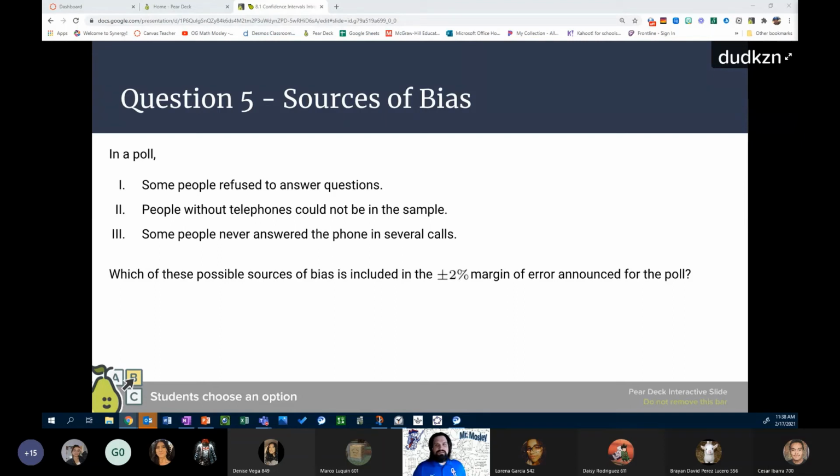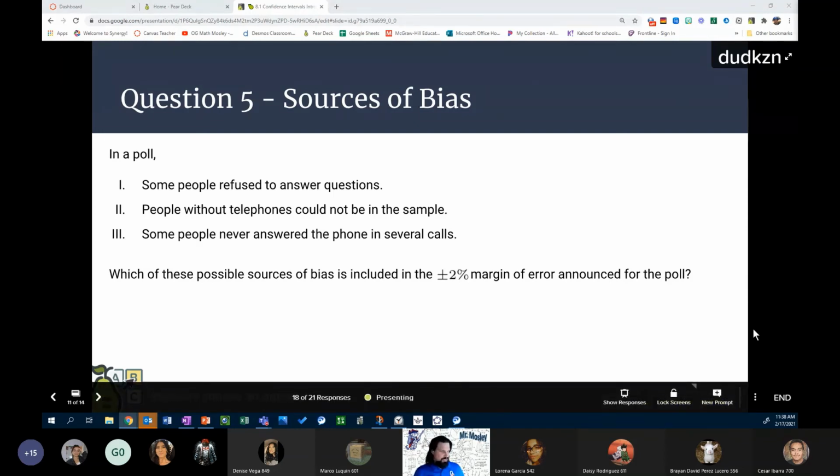Let's see. So on this one, there are 3 students who have the correct answer selected. All right, this one was a bit tricky.